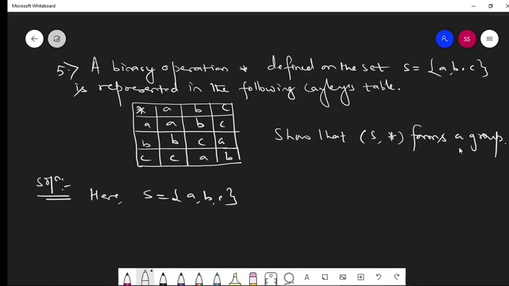From the given table, the product of any two elements is also in the given set.